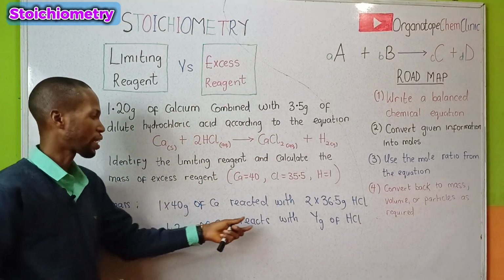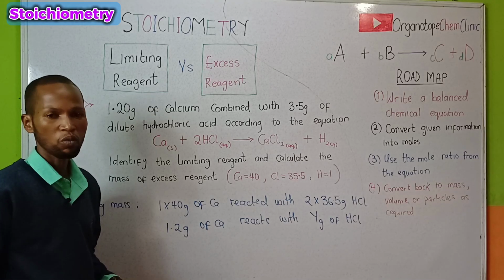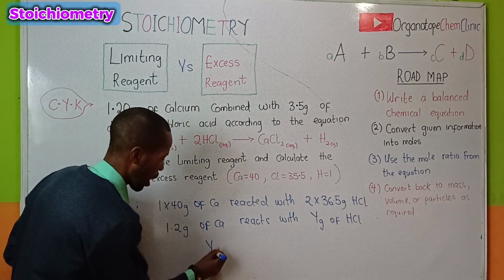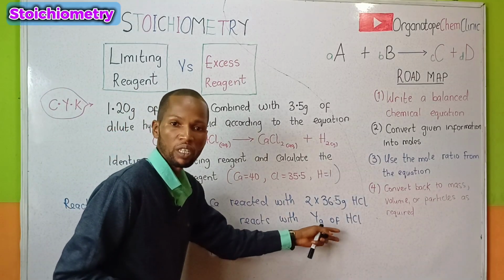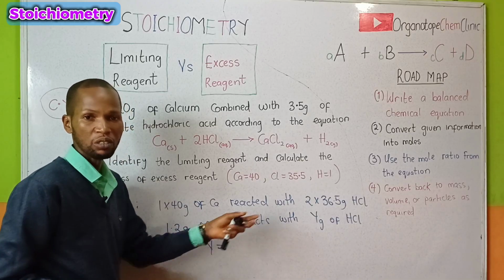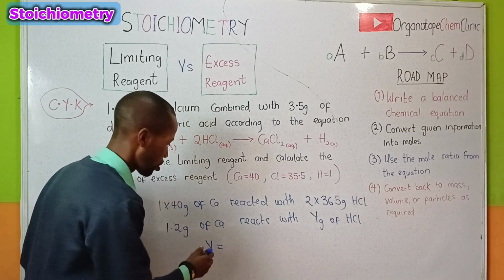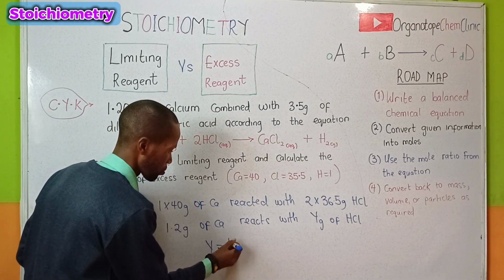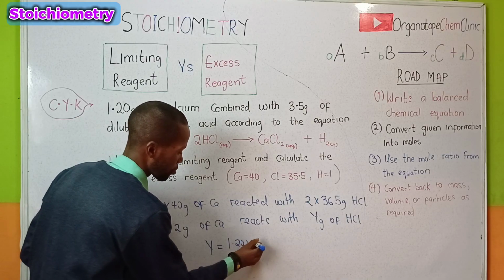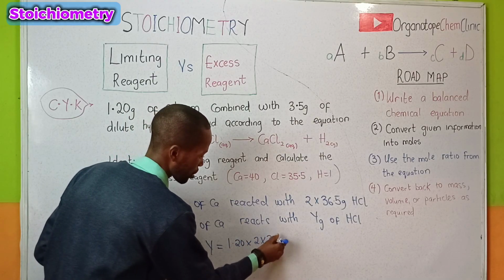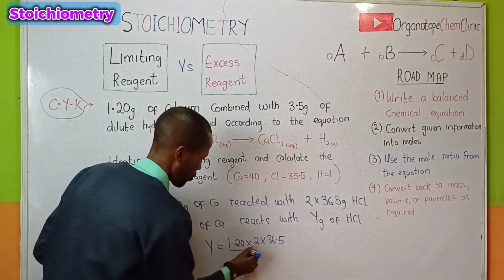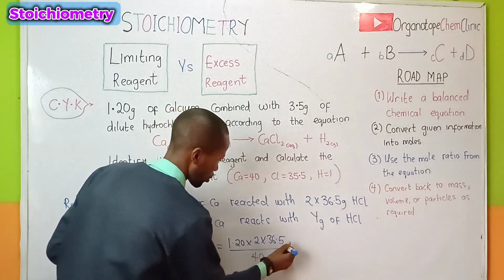So the next thing is to make y the subject of the equation. We have y, which is the mass of hydrochloric acid in this reaction, equals 1.20 times 2 times 36.5 divided by 40.